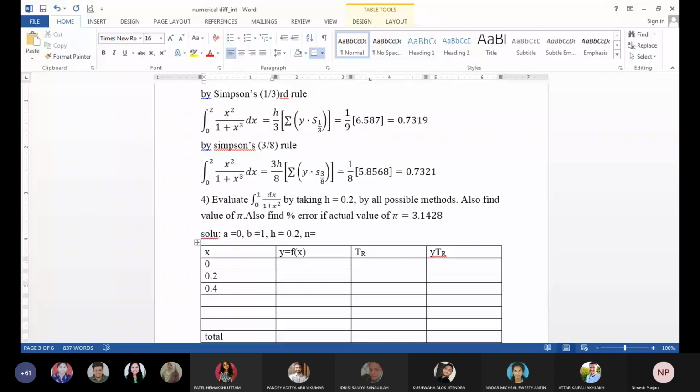Very good. Then? 0.8. Next, 1. Next. वन के बाद 1.2. फिर 1.4. कहाँ तक कंटिन्यू करोगे?